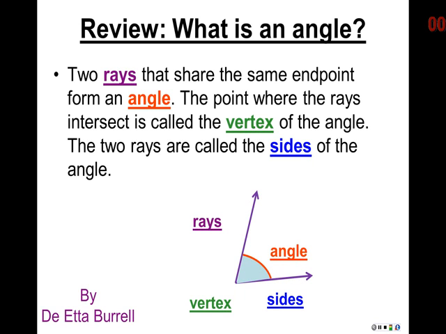A vertex is where the two rays meet and create the angle. And then the sides of the angle are where the lines are formed. So you need to know the components of an angle: two rays and a vertex.